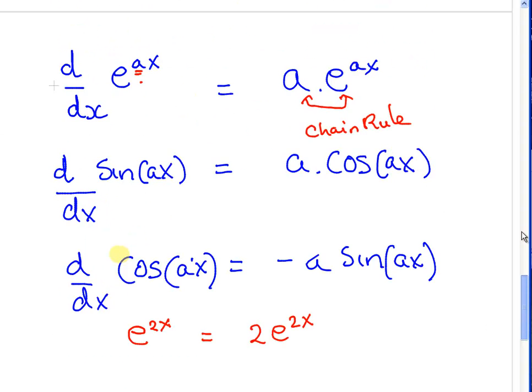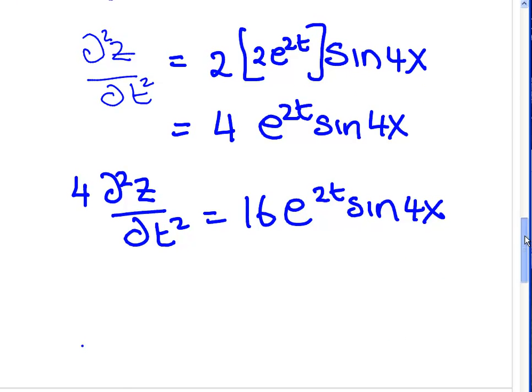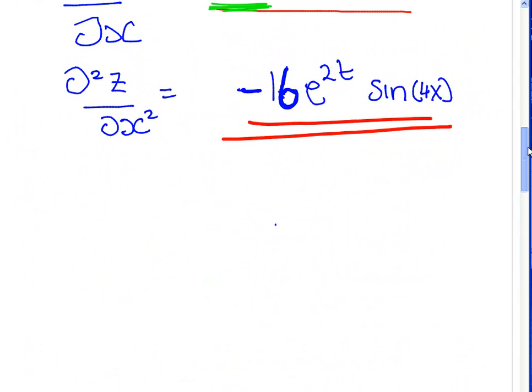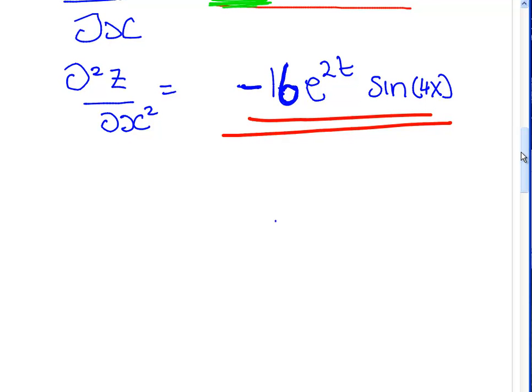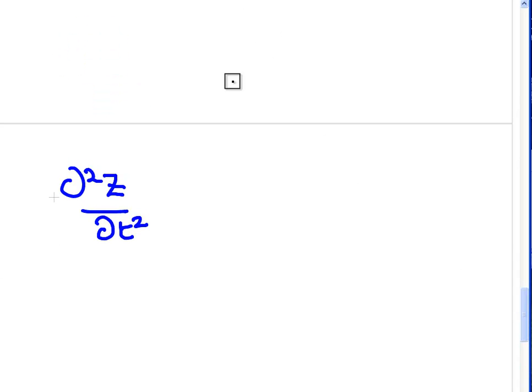So the first one was the second derivative of z with respect to x is minus 16 e to the 2t sine 4x.